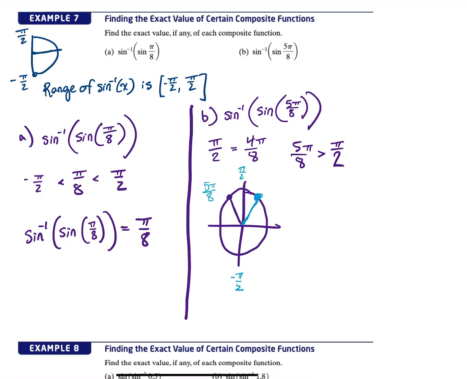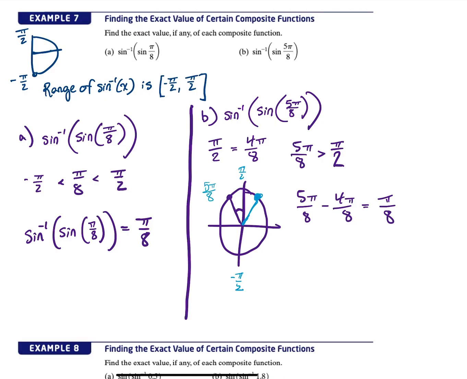If I have 5 pi over 8 and I subtract pi over 2, which we can write as 4 pi over 8, we'll get 1 pi over 8. So let's take that same amount, this is a pi over 8 angle, and subtract it from pi over 2, and that will tell us what this angle is here.